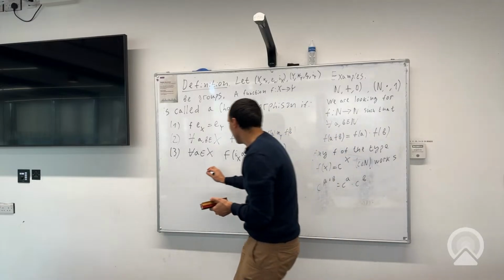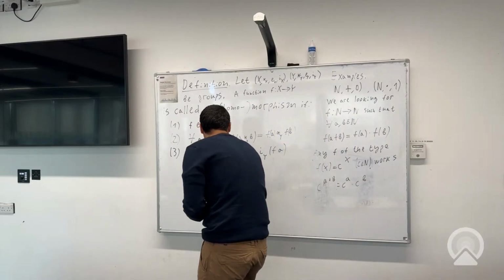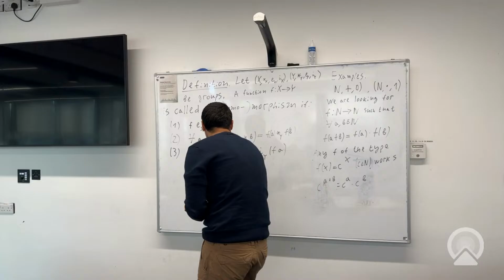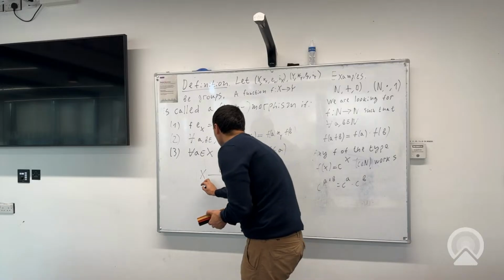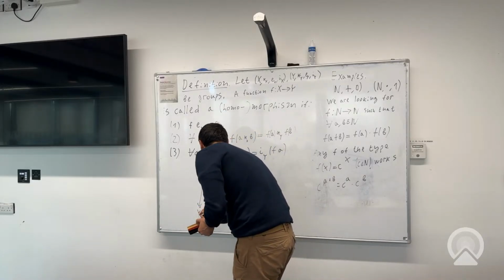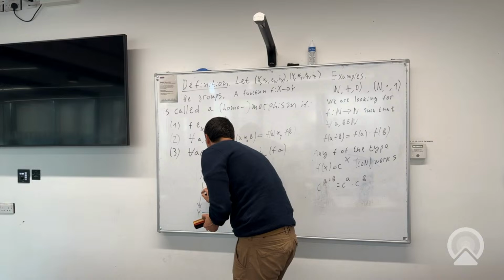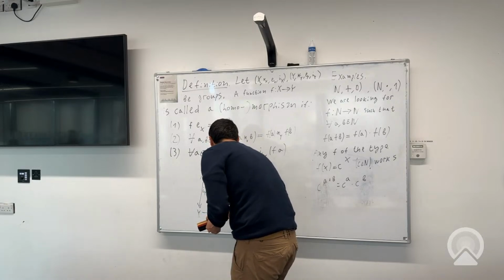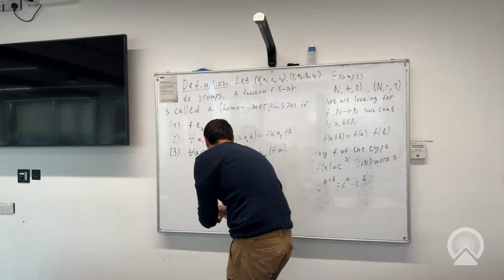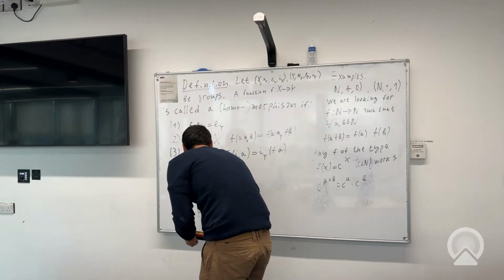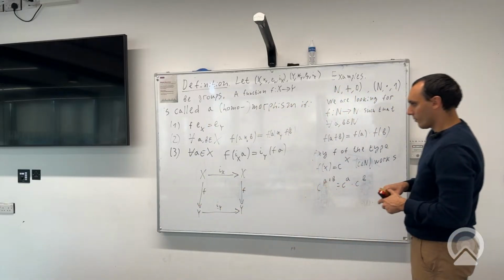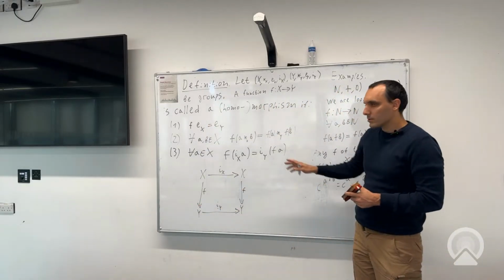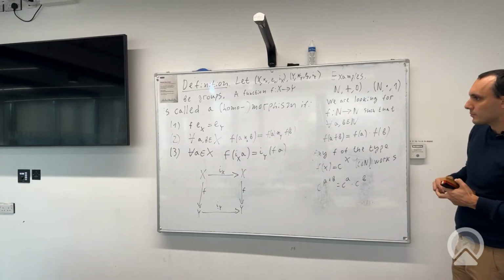So here we go from X by inverse to X and then to Y, and here from Y. So this is the diagram.